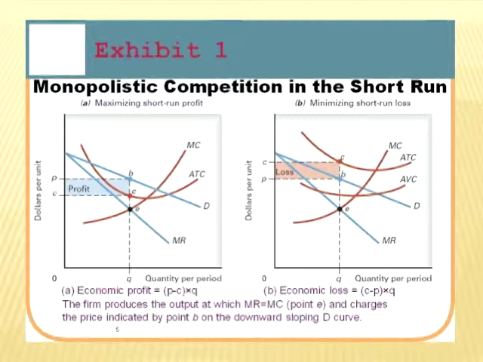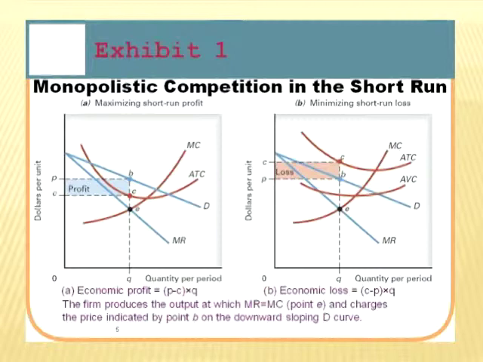So the loss is actually the red shaded area there, red being the appropriate color for that. And the difference between A and B is nothing more than where the demand and the marginal revenue curves occur. In frame A here, the demand curve is above the average total cost curve.